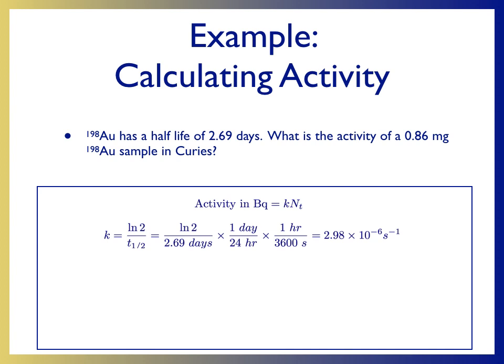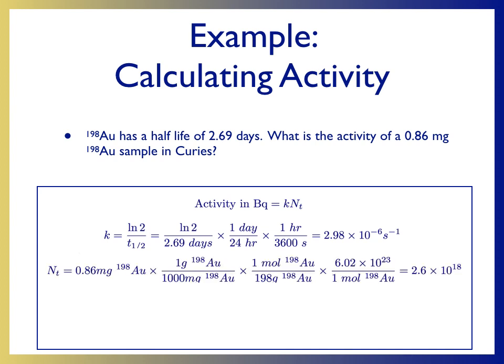Now that we have our rate constant, we can turn to calculating the number of nuclei, which can be done with a simple mole calculation. The first thing we need to do is convert milligrams of gold-198 into grams of gold-198, which we can do by dividing by 1,000. The next step is to convert grams of gold-198 into moles of gold-198.